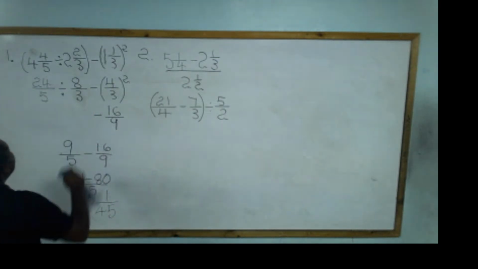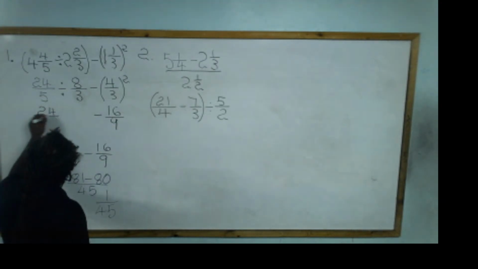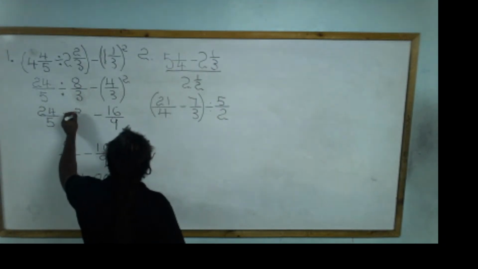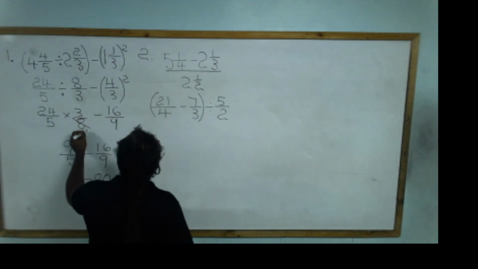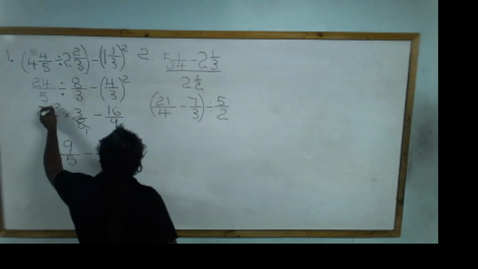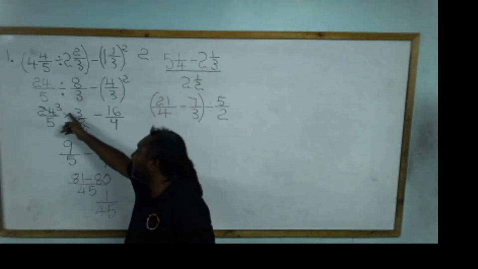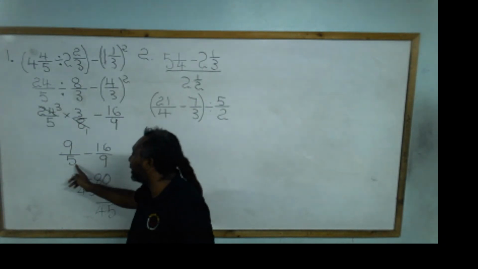So we simplify by the common factor. So we have 24 over 5, and we are multiplying now because we are going to do the reciprocal of this, 3 over 8. And immediately you see 8 into 8 is 1, and 8 into 24 is 3. No further simplification. 3 times 3 is 9, and 5 times 1 is 5.